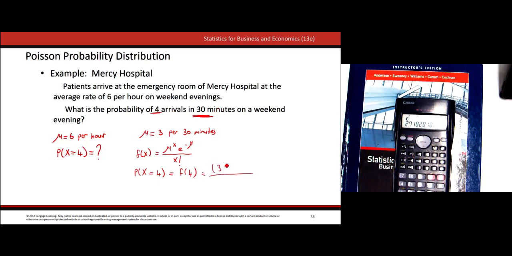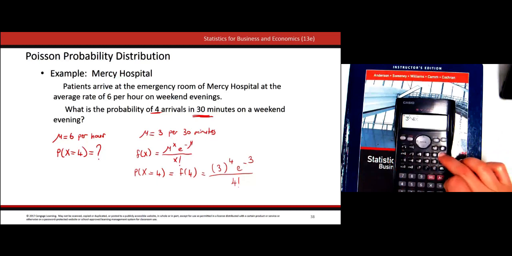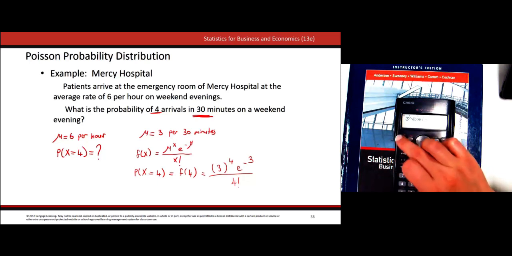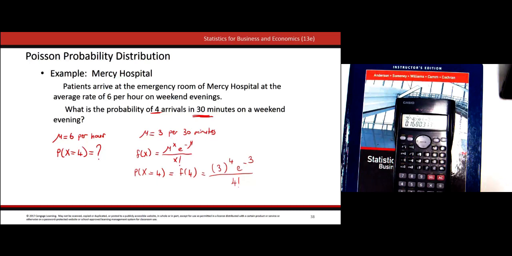Mu is 3. So 3 to the 4 times e to the negative 3, divided by 4 factorial. That is 0.168.